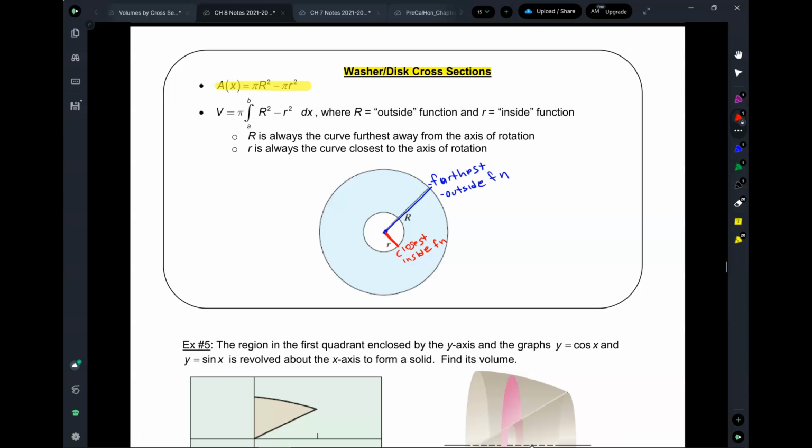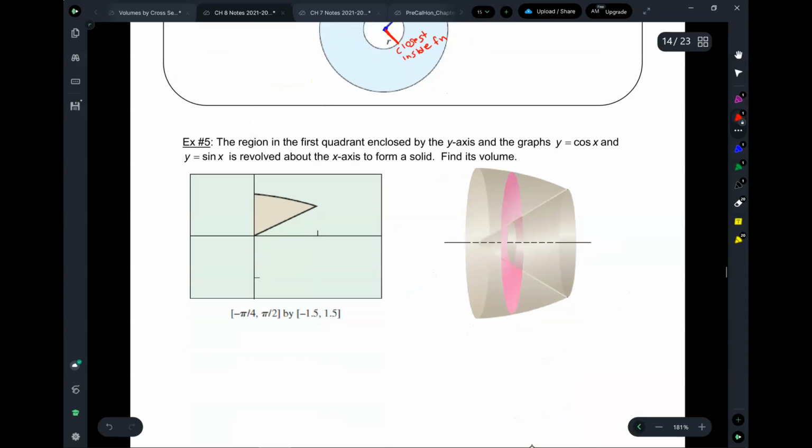You always start from what you're rotating against and you go out. Farthest function is big R, closer function is little r. All right?